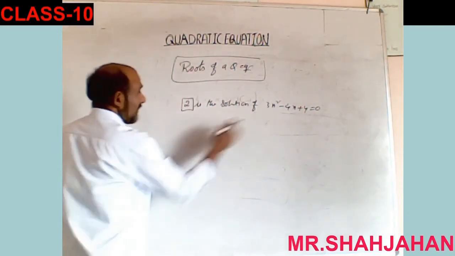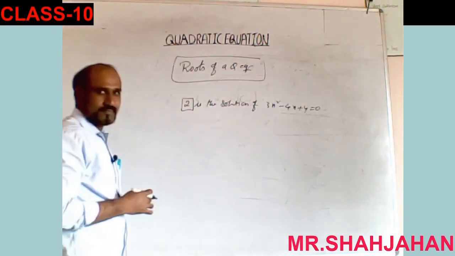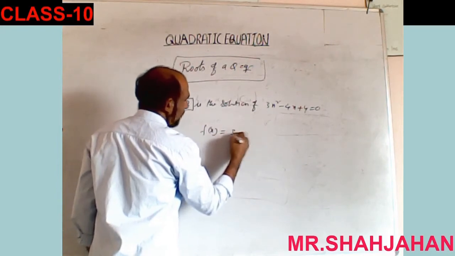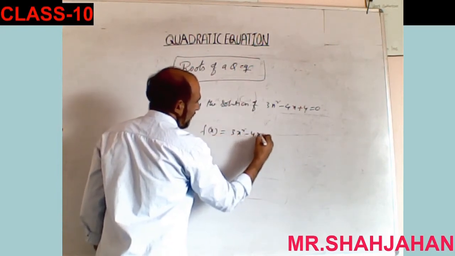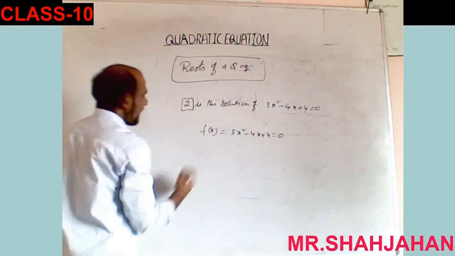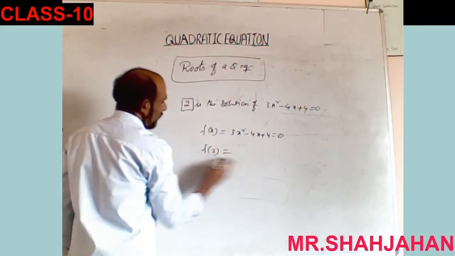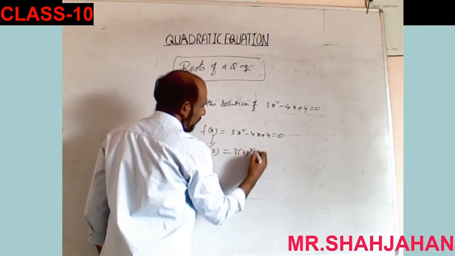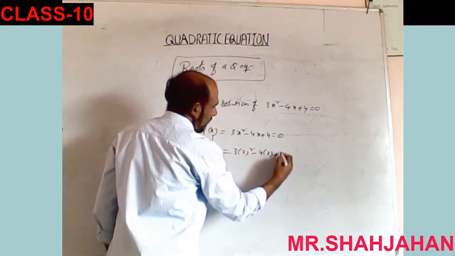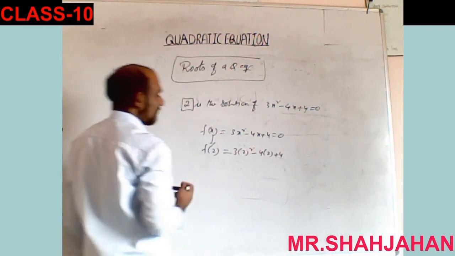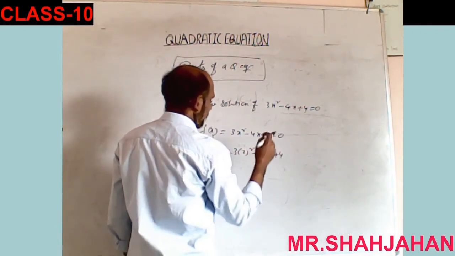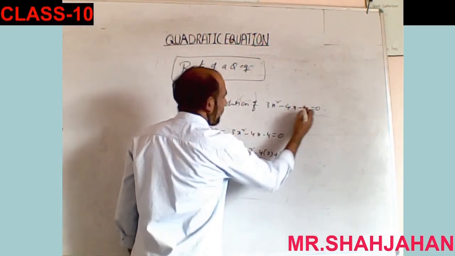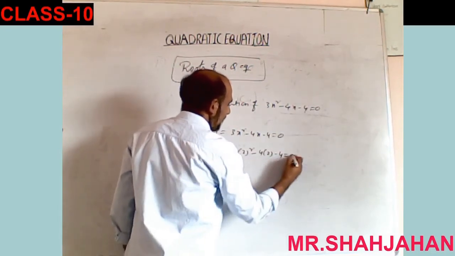When it should be equal to 0, we will see now. Suppose f of x is equal to 3x square minus 4x plus 4. Instead of x, I have to take 2. So 3 into 2 whole square minus 4 into 2 plus 4, we will take here plus 4 is equal to 0.